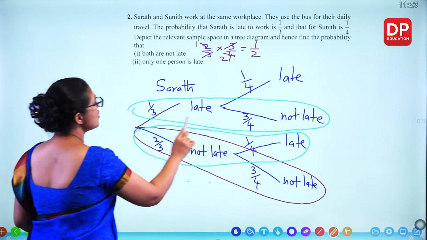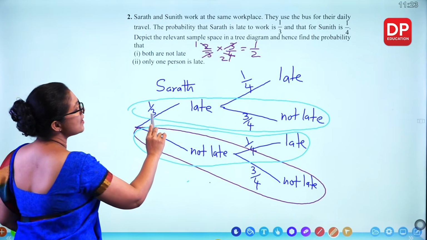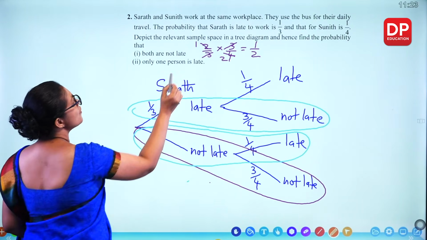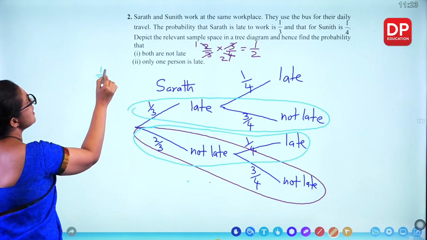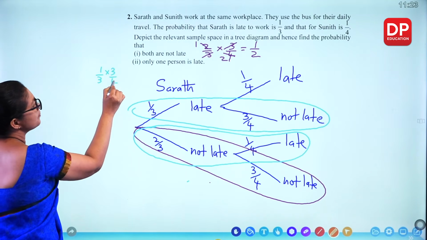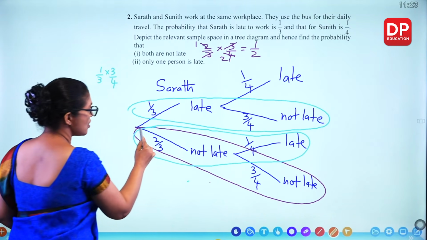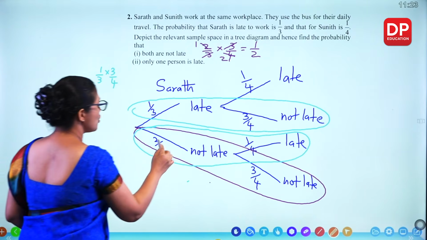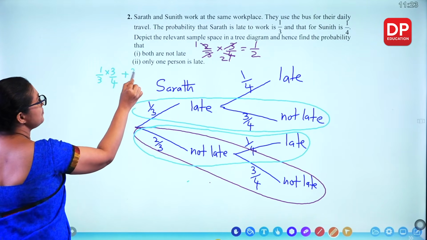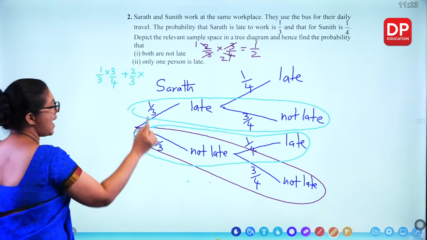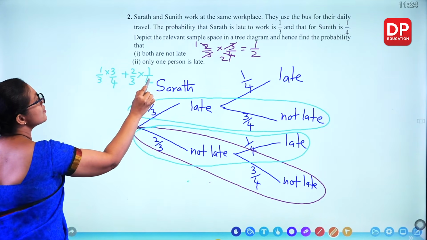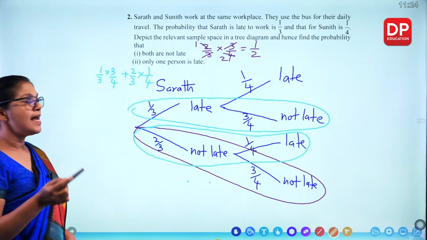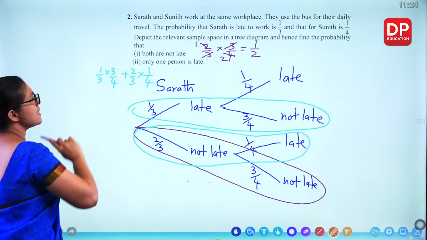What is this branch? 1/3 into 3/4. I'll do it here. 1/3 into 3/4 is this branch. What about this branch? 2/3 and 1/4.